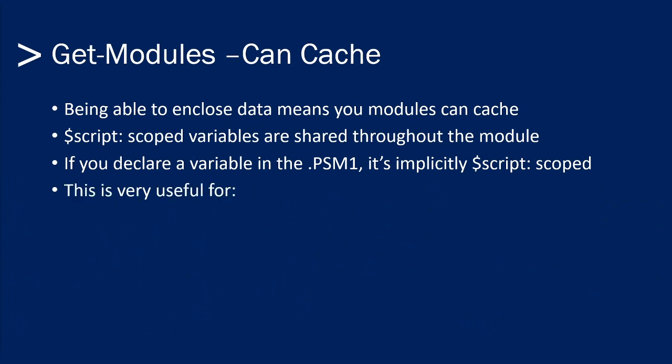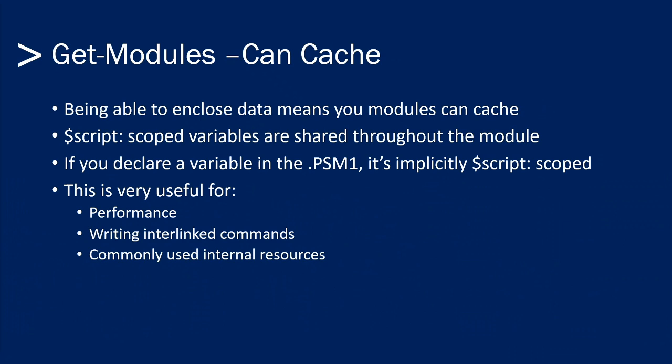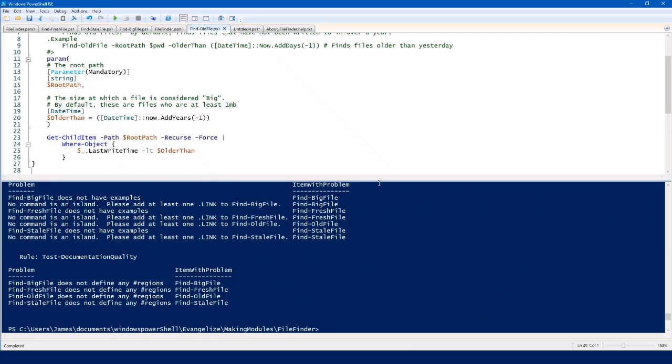This is very useful for all sorts of things, but a few short examples are performance, writing interlinked commands, and commonly used internal resources. Do you want to try to adopt this in our little module? Yeah. Sure. Okay. So, this is okay for small directories.